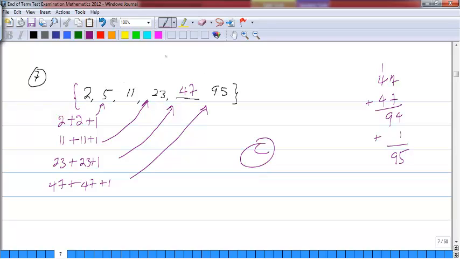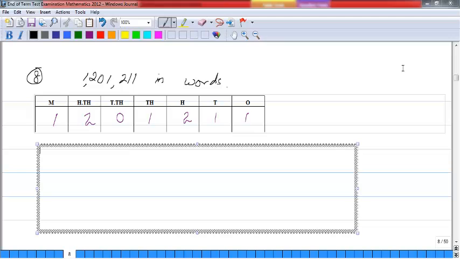Okay, number 8 asks us to put 1,201,211 in words.